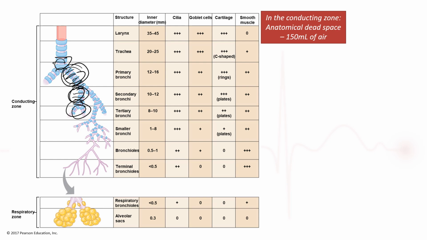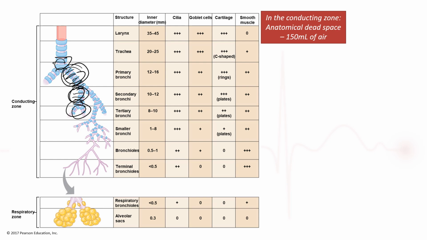You do not want the trachea, primary, secondary, tertiary bronchi collapsing. It's very important that they don't collapse. These rings of cartilage provide stability to these tubes, keep them open, and enable them to deal with those pressure changes and prevent them from collapsing.